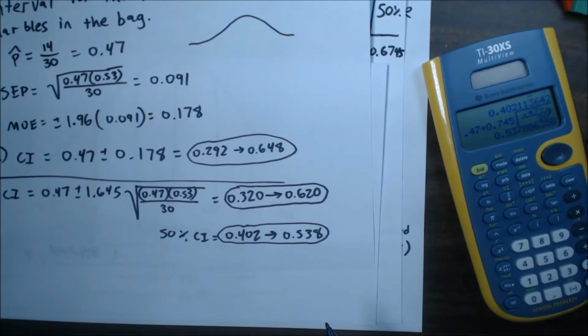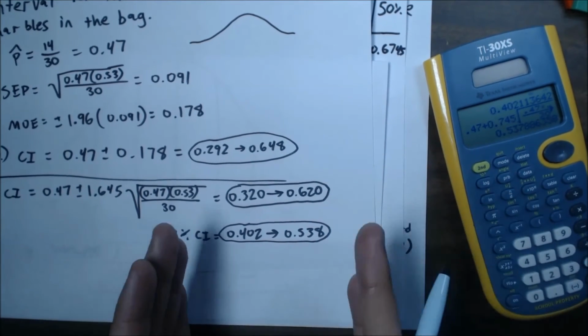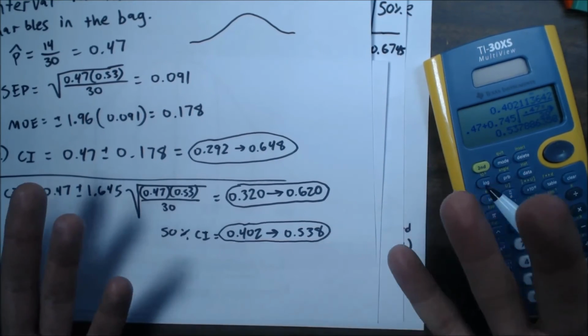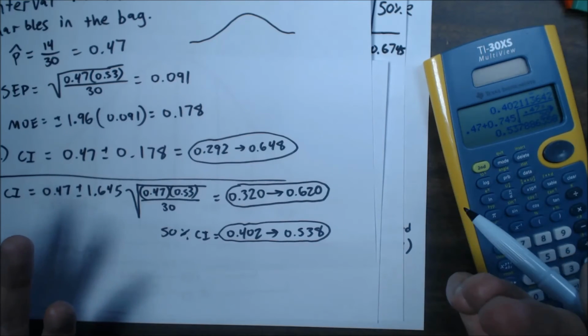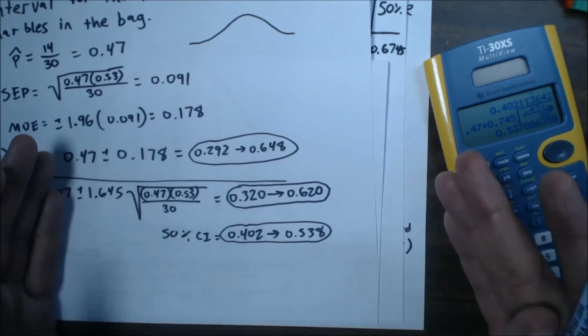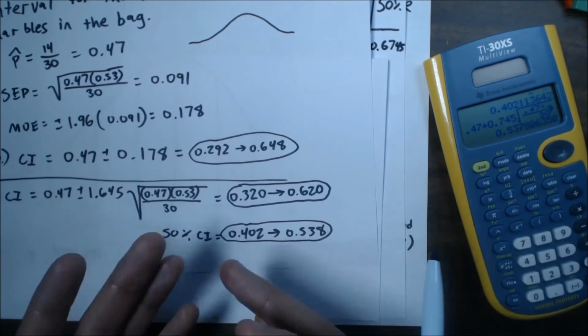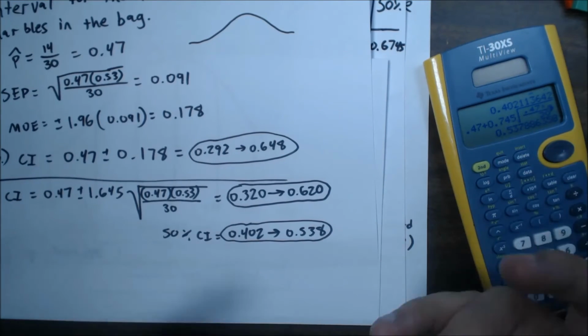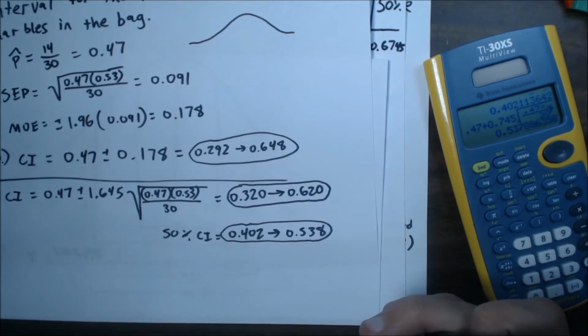So if I want to make the margin narrower, I have to lose some confidence. I can't be quite as confident in my answer. If I cast a really wide margin, say I'm pretty sure it's between like 10% and 90%, well, of course, that's a pretty easy thing to guess. I can say that with a really high degree of confidence.